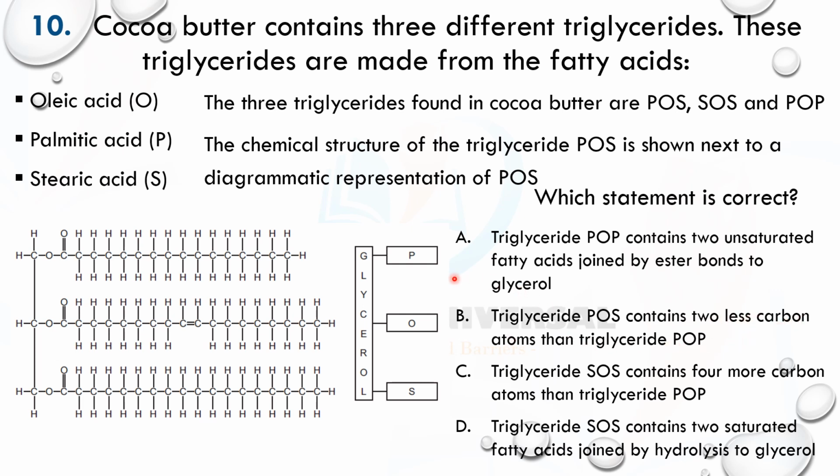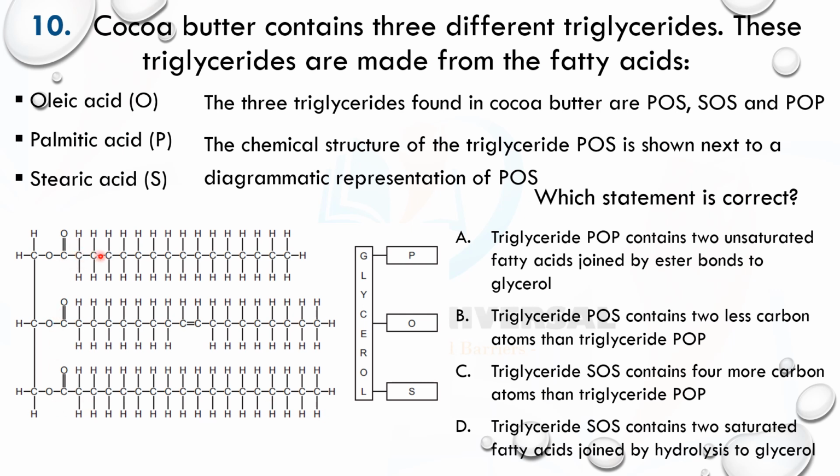Now if you have POP, here is P, here is P, so we're going to have 4 carbon atoms less in POP. POS will have more carbon atoms than POP. Why? P here is 2 carbon short. If you put another P here, it will be 2 extra carbon short. If you count these carbons, look at it, count it.